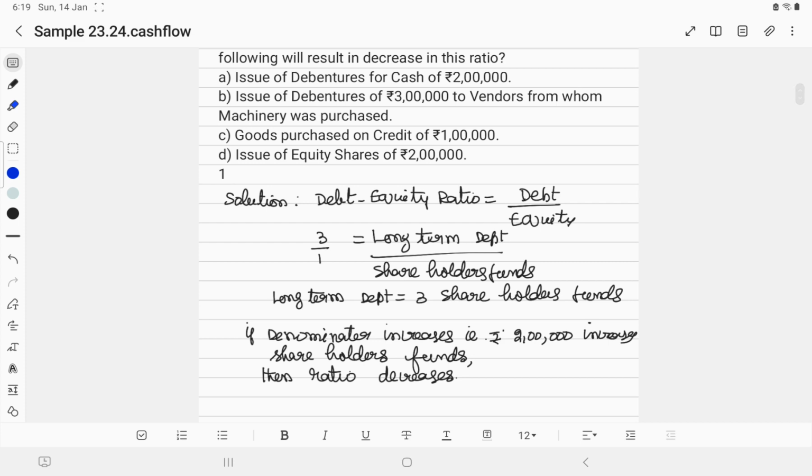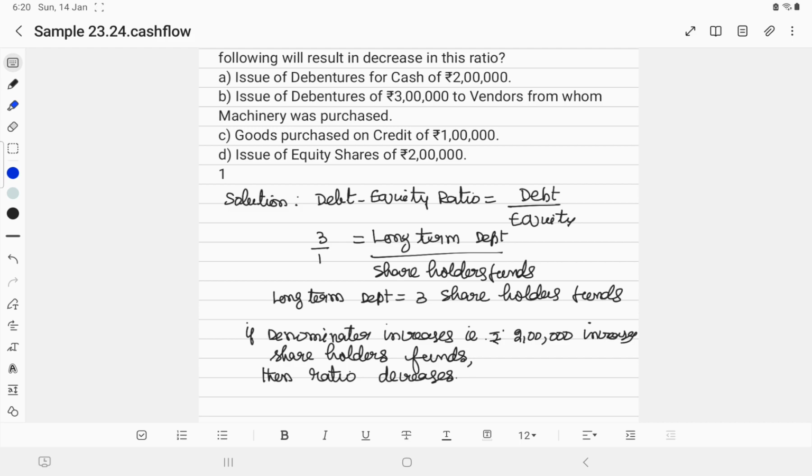Solution. Debt equity ratio is equal to debt by equity. That is given, that is 3:1. Therefore, we get long-term debt is equal to 3 times of shareholders' funds. We know that shareholders' funds includes share capital and reserves and surplus.